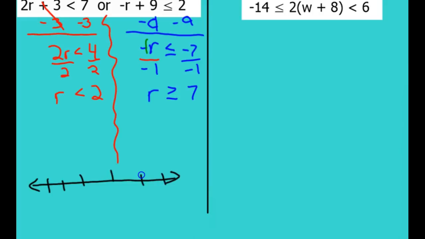So we have r is less than 2, so an open circle, 2 pointing to the left, and r is greater than or equal to 7, so closed circle, 7 pointing to the right. So our OR inequality is now pointing to both directions, 2 and 7. So less than 2, greater than or equal to 7.